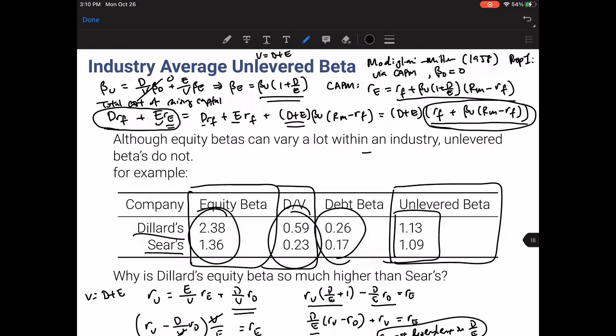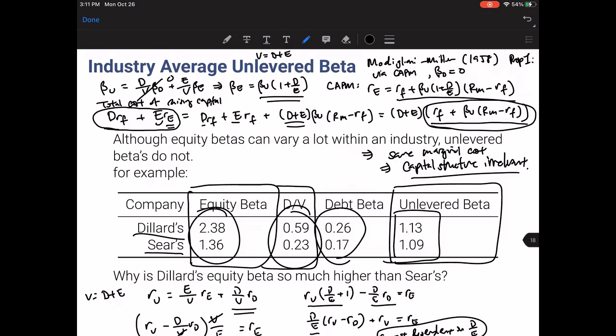So conclusion: same cost, same marginal cost. Therefore, capital structure irrelevant. All right, so that's the proposition of Modigliani-Miller 1958. That's a key finding in corporate finance.